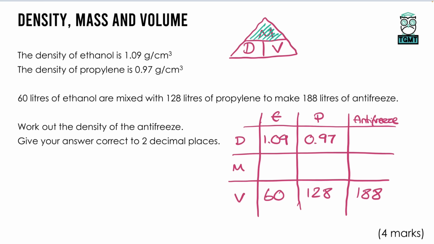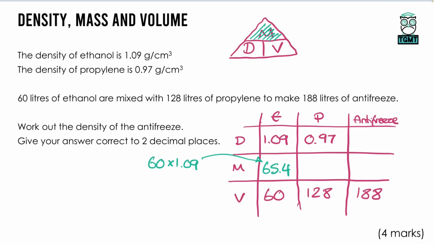For working out the mass though, we are going to do this multiplication, so I'm going to write my working out to the side for this first one, which is 60 multiplied by 1.09. So 60 times 1.09, and when we multiply them together that comes out as 65.4.